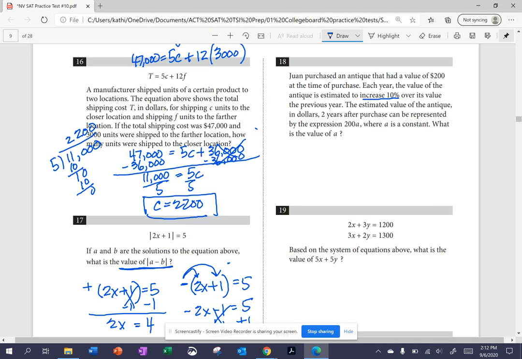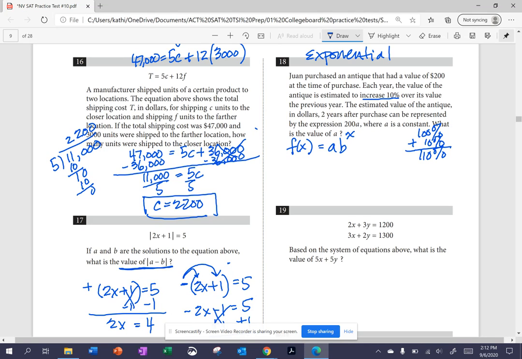Okay, so since I know I'm increasing by a percent, I know I have an exponential equation. So my equation for exponential is f of x equals ab to the x. When I'm increasing by 10%, that means I have the 100% plus 10 more percent. So I'm at 110%.